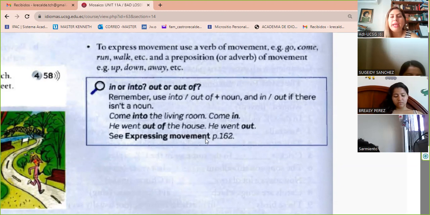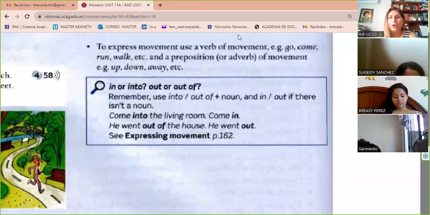So like Heidi read, we can use into or out of plus a noun. Here is the difference. When you have a noun, you use into or out of. But if you don't have a noun, you use in or out, okay? For example, here, let me show you. Come into the living room.